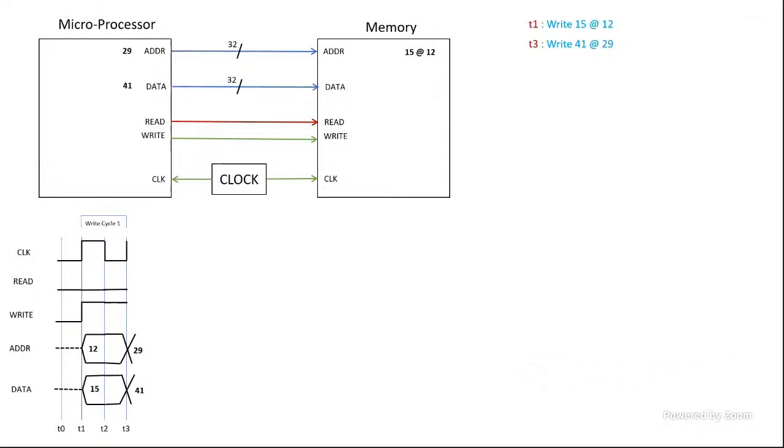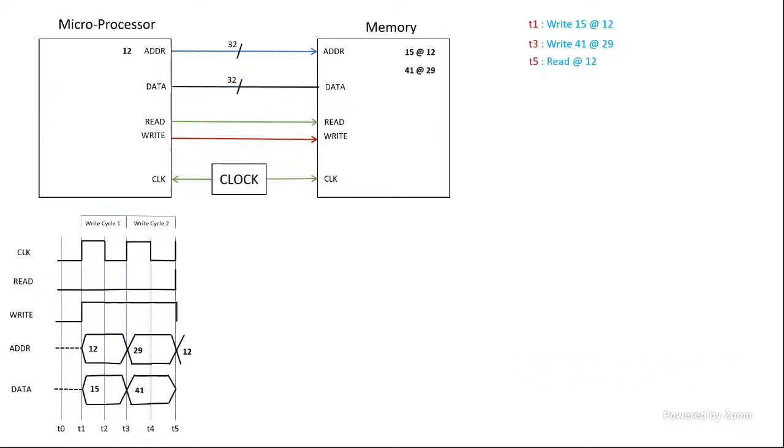So things repeat just like the previous one. Next, at the falling edge T4, nothing interesting happens. And at T5, memory completes its operation: 41 at 29, it stores that value.